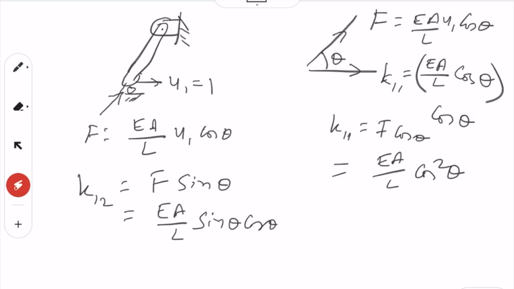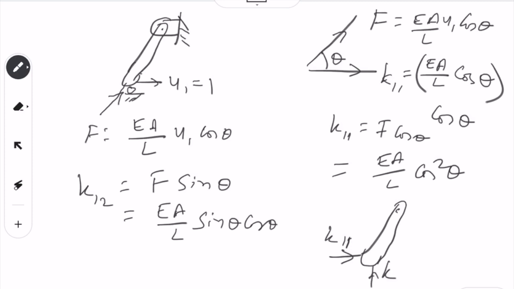How easy? You can see that if you have a bar like this one, if one force is here, which is K11, another force is here, K12. Okay. So in order to balance this force, we must have a force which is opposite in this direction.